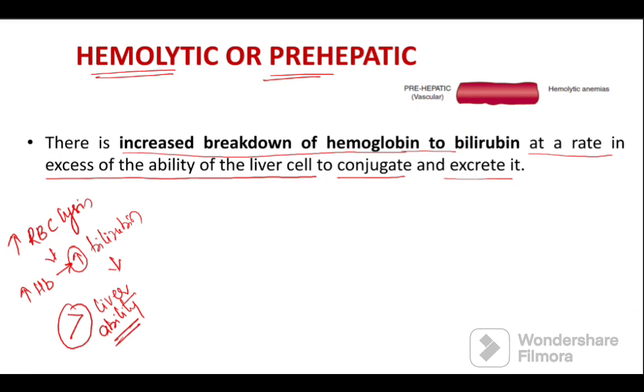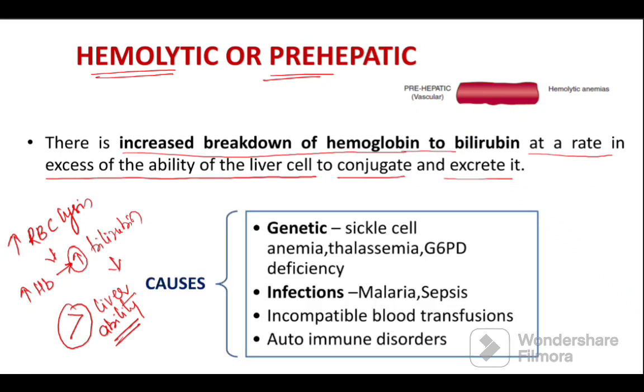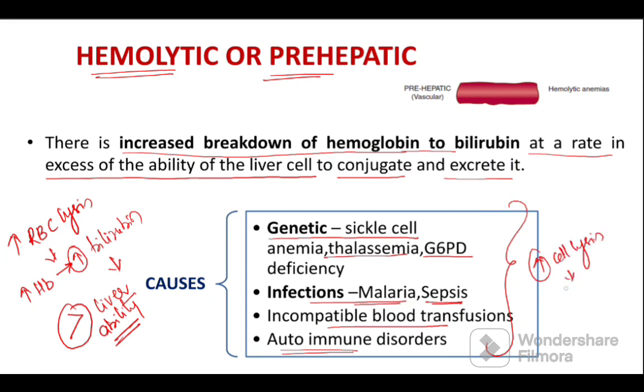There are many causes for prehepatic or hemolytic jaundice, some of which are genetic causes like sickle cell anemia, thalassemia, G6PD deficiency, and some infections like malaria and sepsis, incompatible blood transfusions, and autoimmune disorders, all of which will cause increased RBC lysis, producing more hemoglobin and more bilirubin.